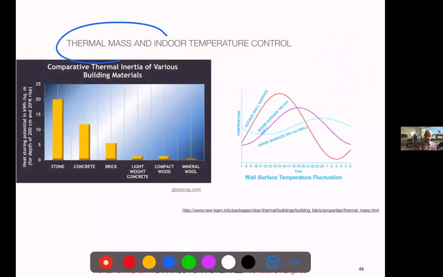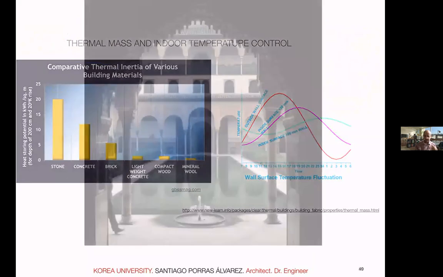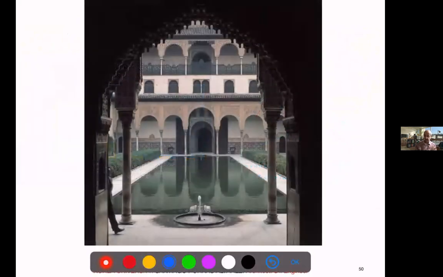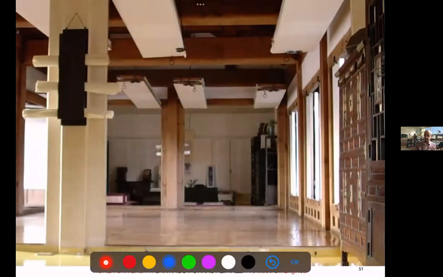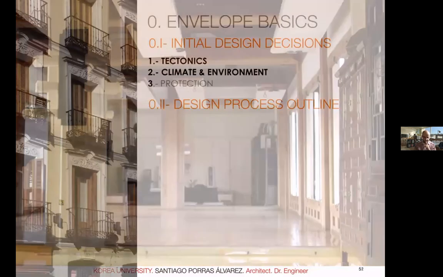This is the graph of the thermal mass. I will not explain it, you have it in the video, and it's an example in which heavy thermal mass has a very good effect in climates. And this is one case of natural ventilation, which is traditional and has kind of disappeared in modern construction, right? The more modern we are, the less ventilation we may have, which I have difficulty understanding why.